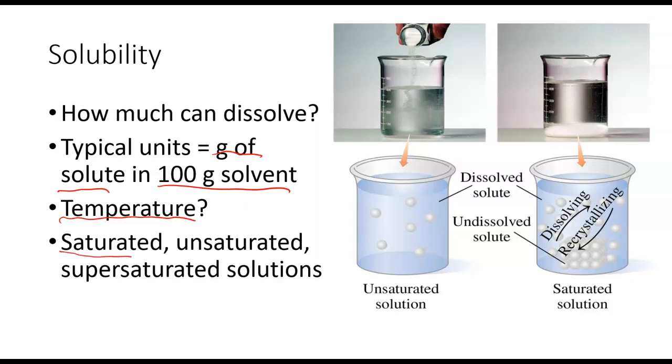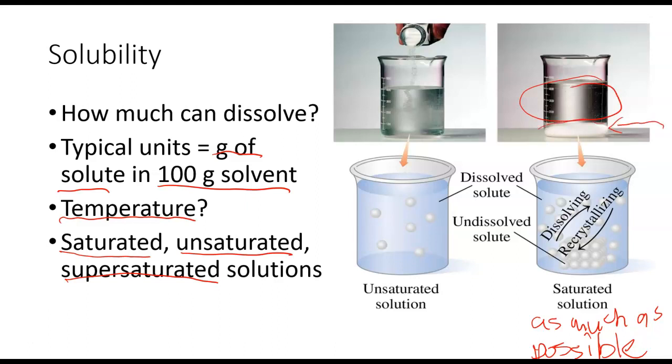We also want to look at the terms saturated, unsaturated, and supersaturated solutions. A saturated solution has as much as is possible dissolved in it. You can tell this by looking at the solution, because typically a solution is saturated when, if you add more of that solute, you get a solid substance at the bottom.